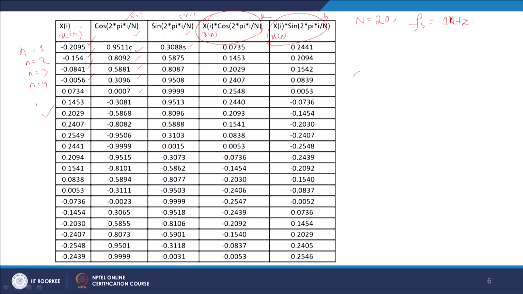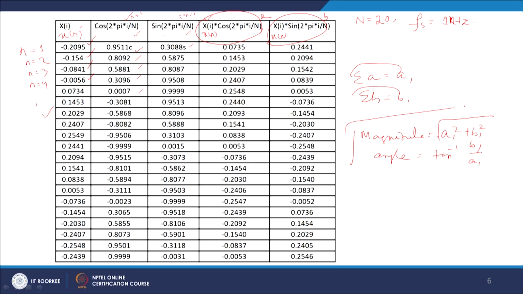So the summation of a, let us say, is a1, and the summation of b is b1. Now the magnitude is the square root of a1 square plus b1 square, and the angle of this signal is tan inverse of b1 upon a1. So this is one kind of assignment; you can calculate the corresponding magnitude and angle.